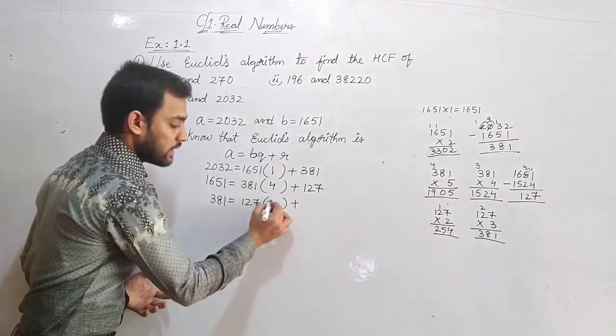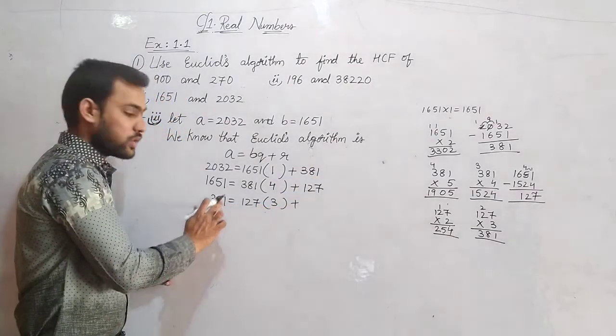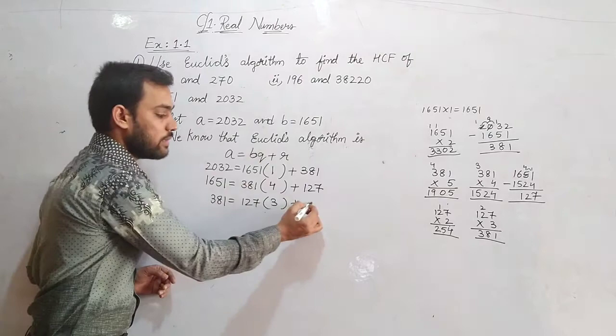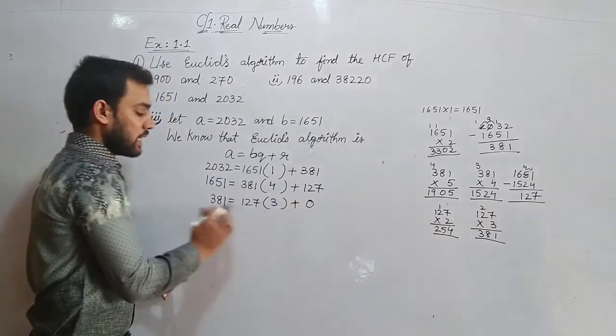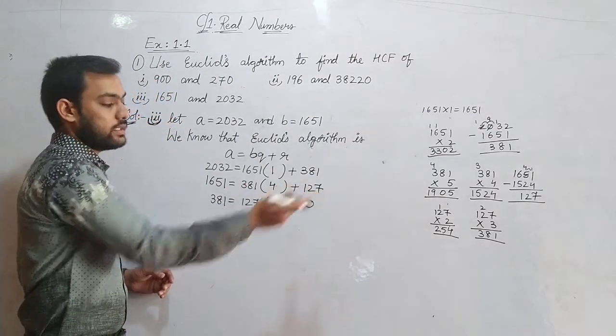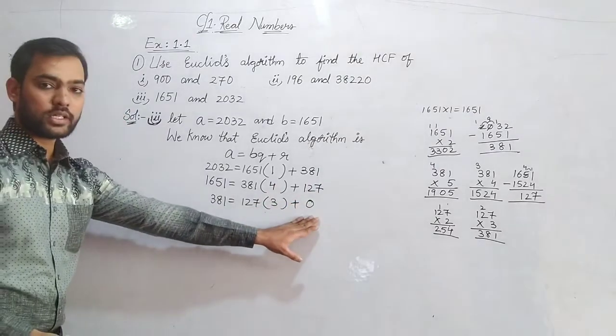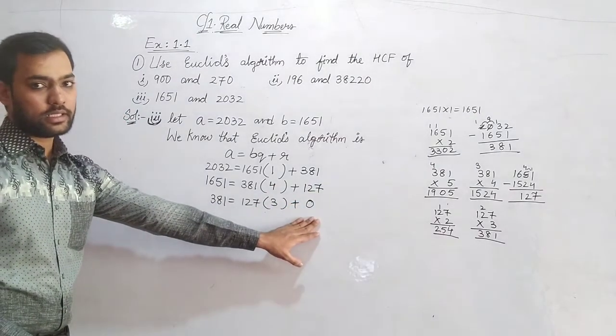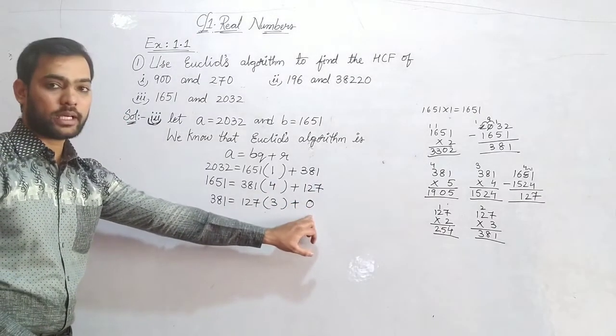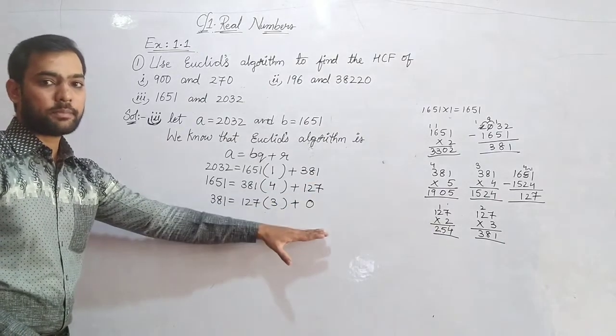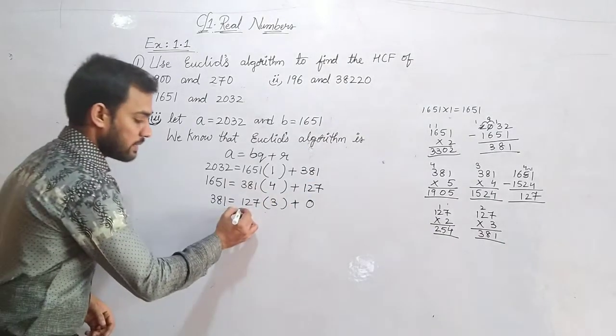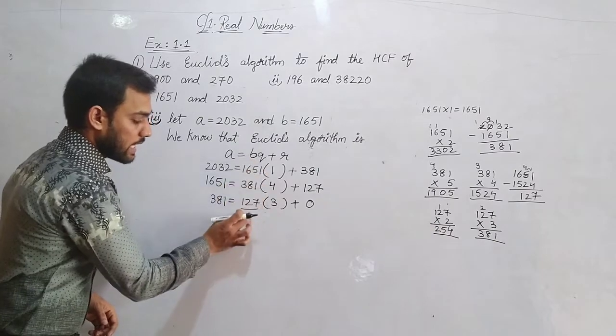So 127 3s are 381. When you get the exact number, you will get the remainder as 0, because 381 minus 381 is 0. So at this stage you got 0, and as discussed in earlier problems, wherever you get remainder 0, at that step the B value is your answer.